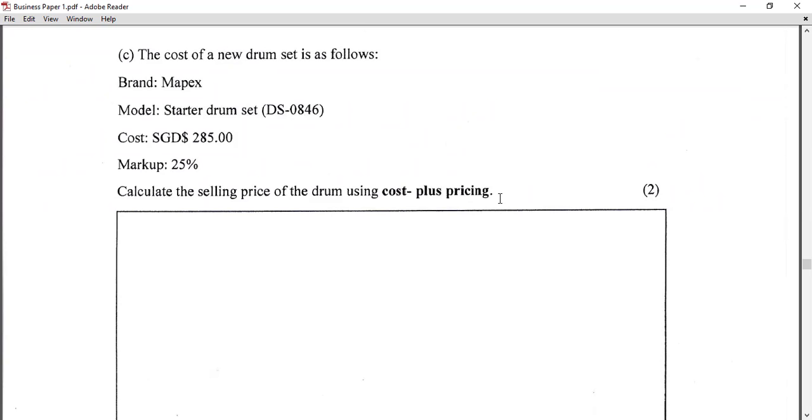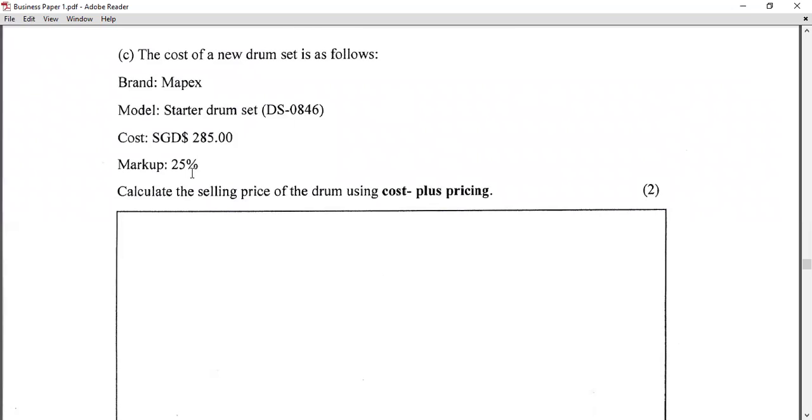In cost plus pricing, you are adding some kind of markup to the cost of the item. Here, the cost of the drum set, the brand Mapex, the model is a starter drum set, the code DS0846. This is just a brand and model number that is not that relevant for cost plus pricing.